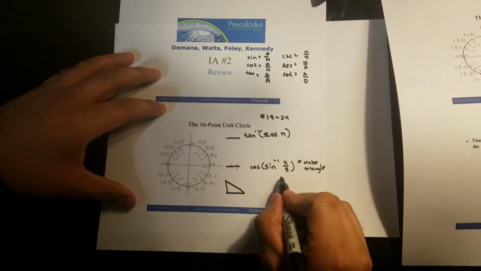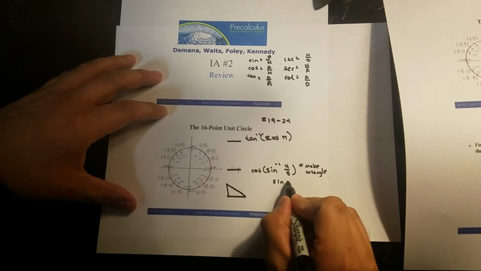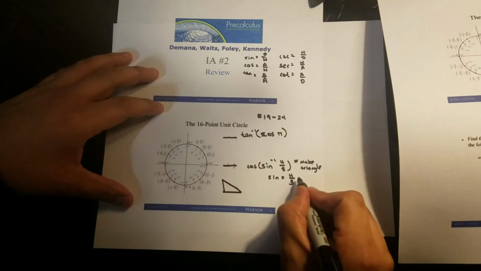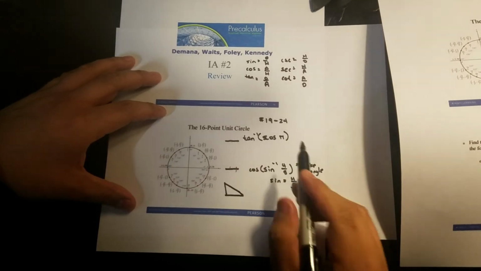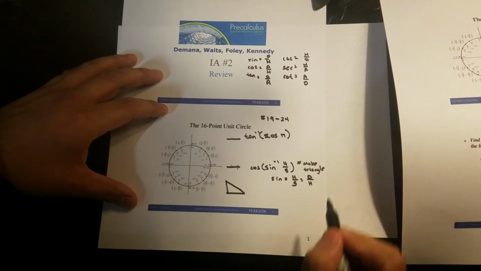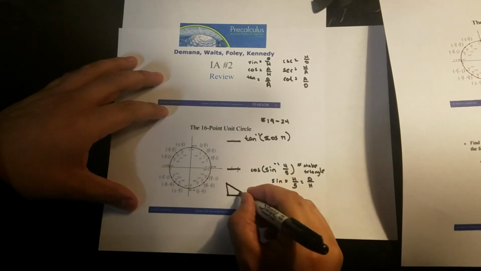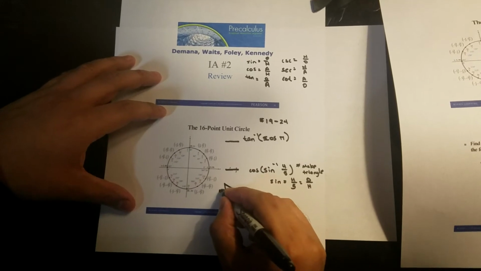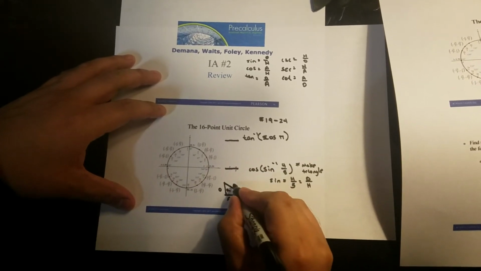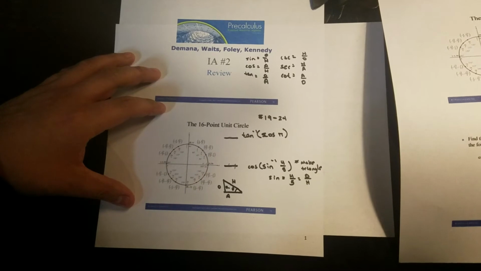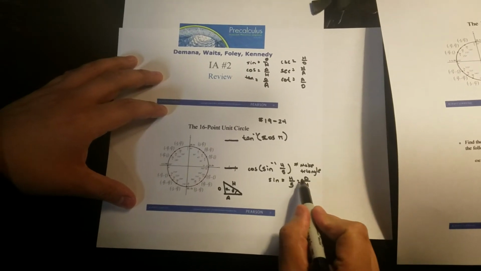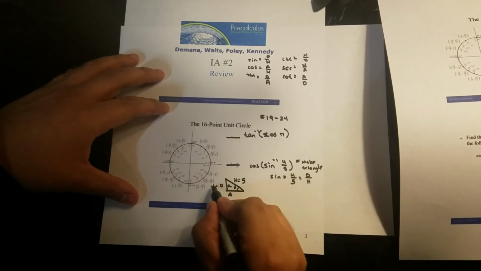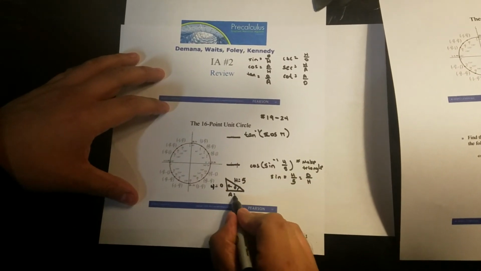We know that sine is equal to 4 over 5, which is equal to, like we talked about, O divided by H. So if we make this our angle, over here is our O, this is our A, and this is our H. So we know that the O is 4, our H is 5, and we have to find A.